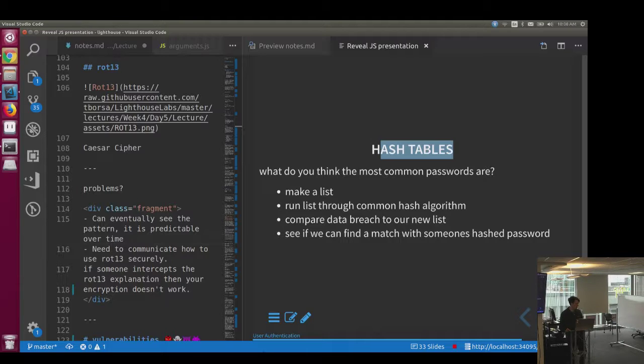Then if you have a data breach, with a bunch of hashed passwords stolen from a database, you can just do a lookup and see if any of these big hash strings match any of the strings in your hash table. If they do, you can say, I put in this input password and got this hash, and that hash appears in their database, so I know the password they used must have been that one.